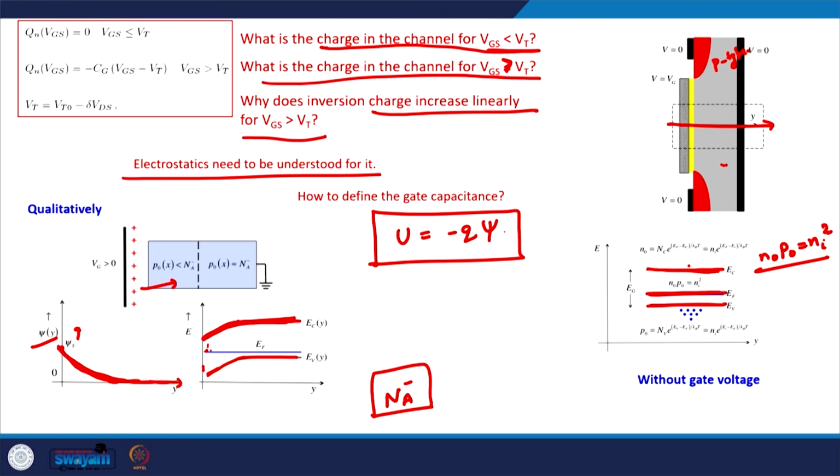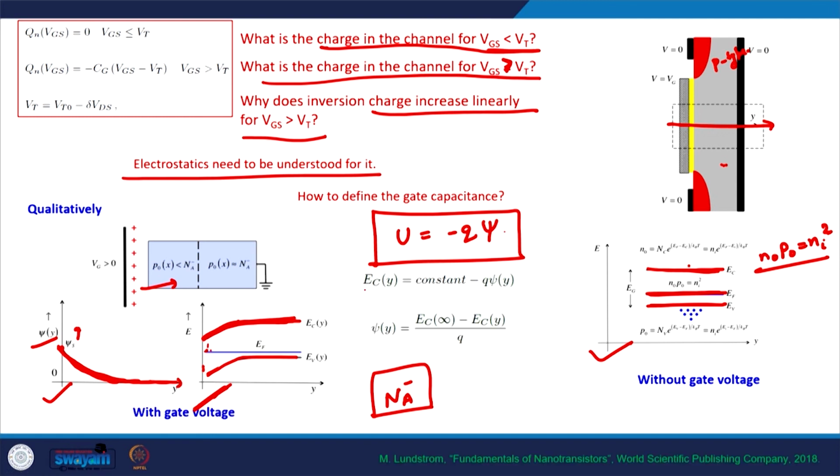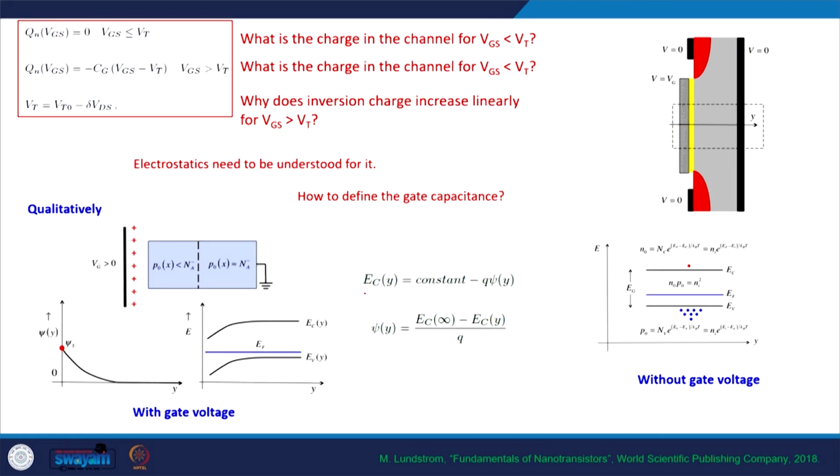So this band diagram of the semiconductor, this potential function, and how the bands bend when we apply a gate voltage is quite an important visualization tool in understanding MOSFET electrostatics. This is, I would say, a better way to understand the relationship between the band edges and the potential function.